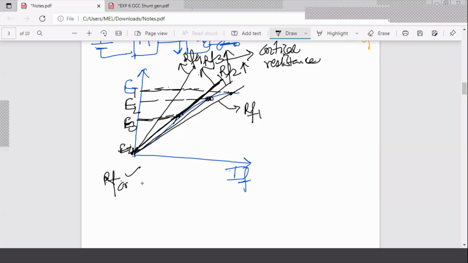Is this clear? The critical field resistance is the maximum amount of resistance above which there will be no voltage buildup and no induced EMF. Fine. So that is one term which I wanted to tell you.